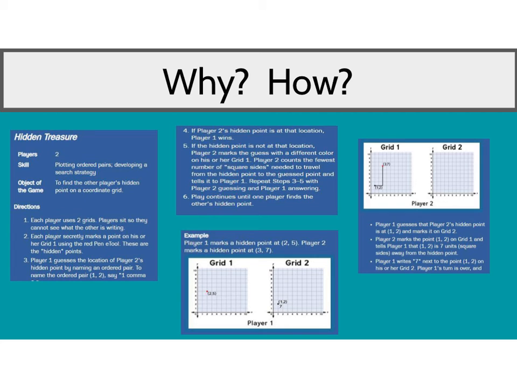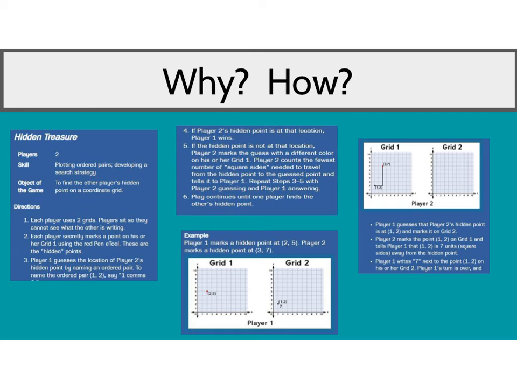Player 2 counts the fewest number of square sides needed to travel from the hidden point to the guessed point and tells it to player 1. You're going to repeat steps 3 through 5 with player 2 guessing and player 1 answering. Play is going to continue until one player finds the other's hidden point.